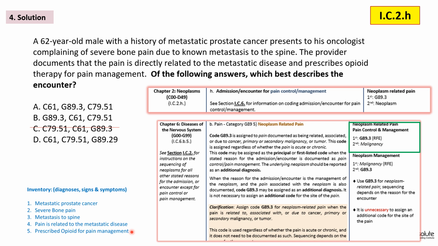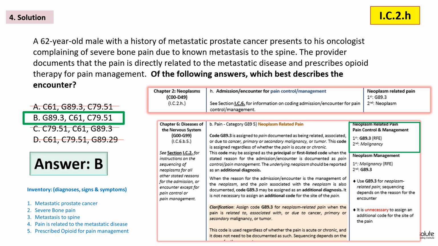Metastatic is your primary cancer after it has spread. So, therefore, the first listed code will be your pain code. And we get to eliminate A and C. And the correct answer is B.